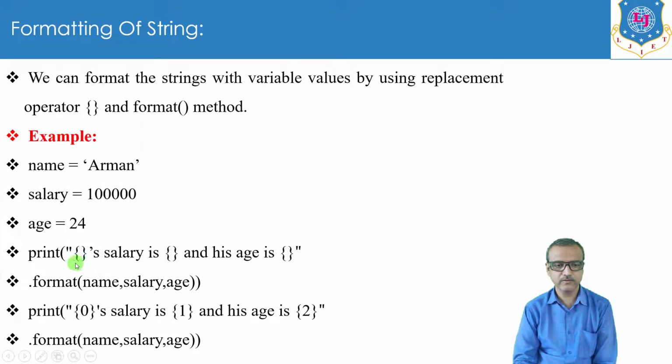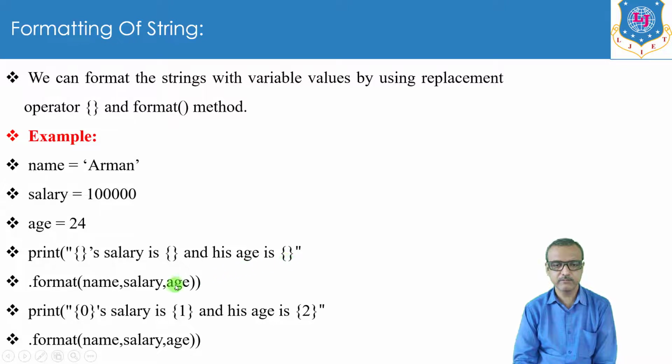So in the first replacement operator, name will be assigned, and what is that in this case? That is Arman, and then after apostrophe s. So we have Arman's salary is. Now in this replacement operator, the value of salary will be assigned, and what is that? 1 lakh. So over here we will have 1 lakh, and his age is.